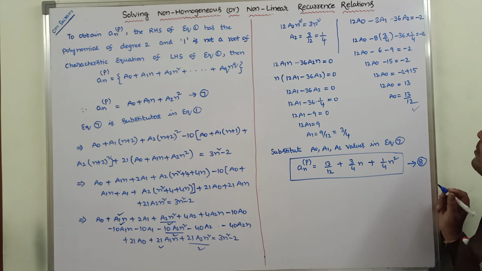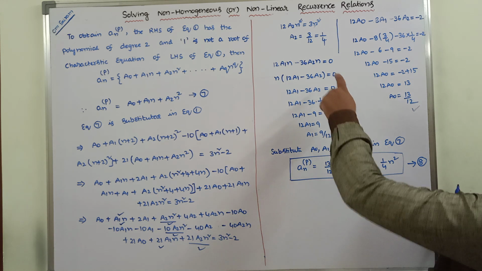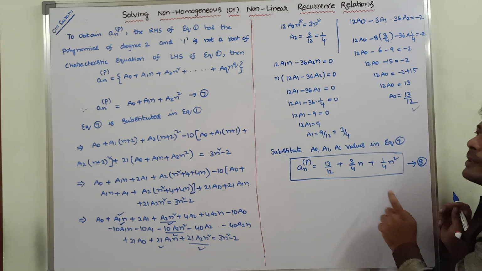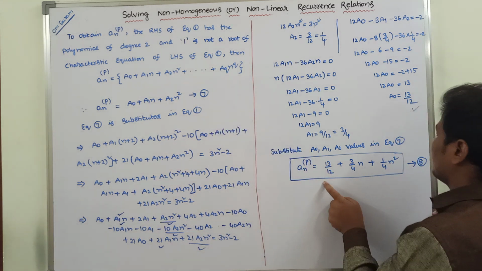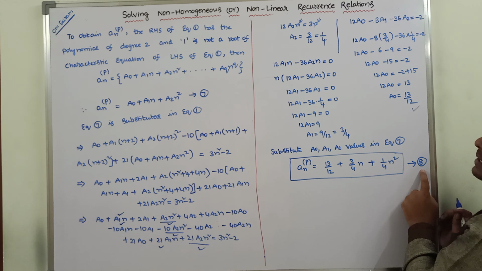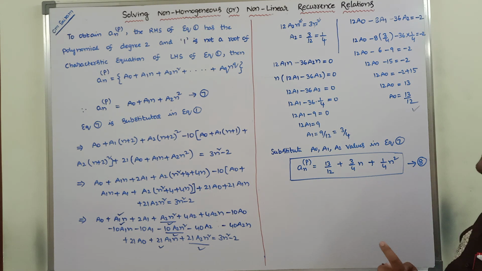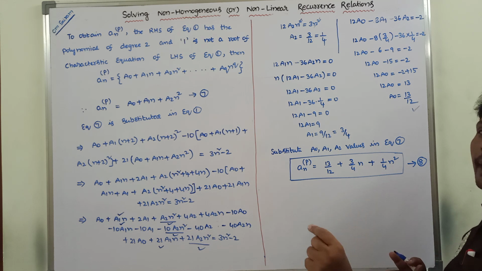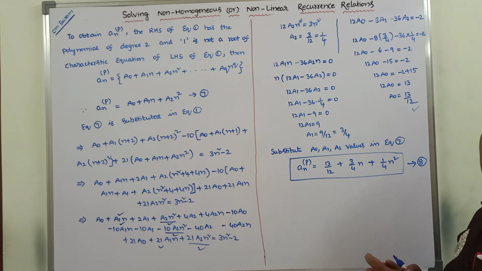Okay. So now, after getting a0, a1, a2 values, they are substituted in equation 7. Then we are getting equation 8. So now we are getting a suffix n power h value and a suffix n power p value.